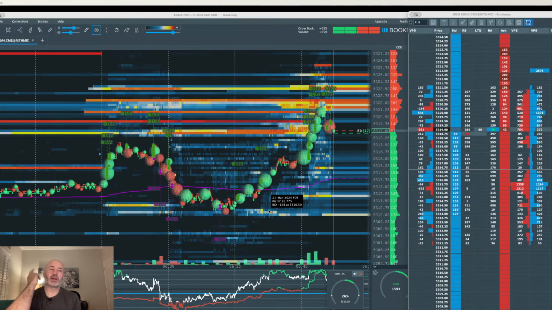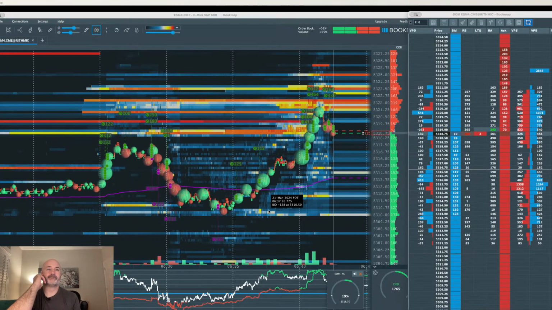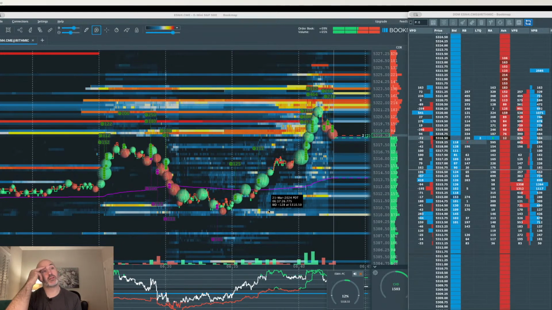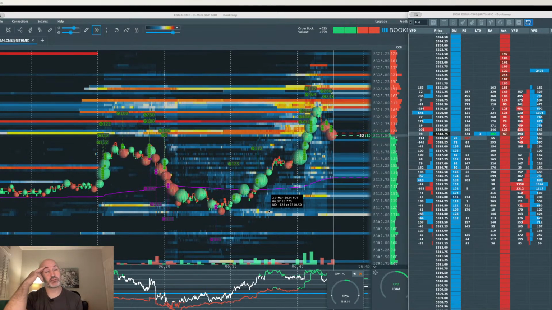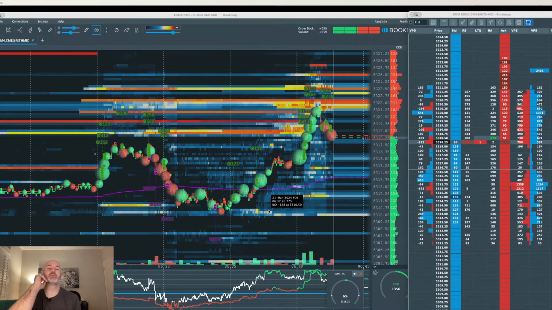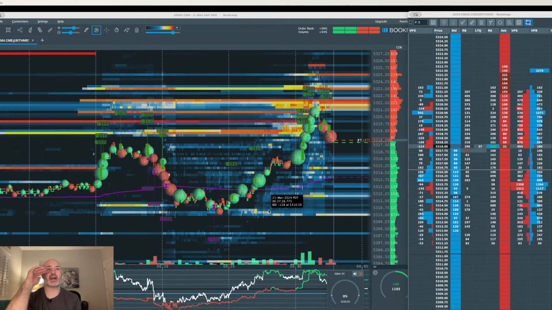A certain particular time frame doesn't really matter in Bookmap. It's pretty much giving me the same information whether you zoom out or zoom in, unlike a candlestick chart, which tends to just get more granular. This is really going to give you a visual of where the price is, what the volume is at that price.